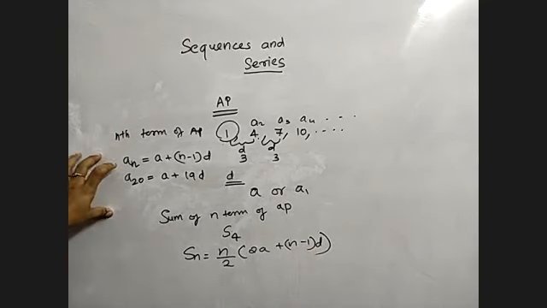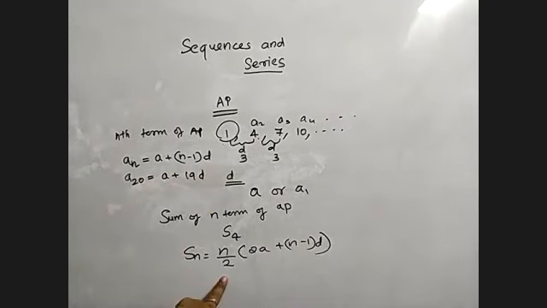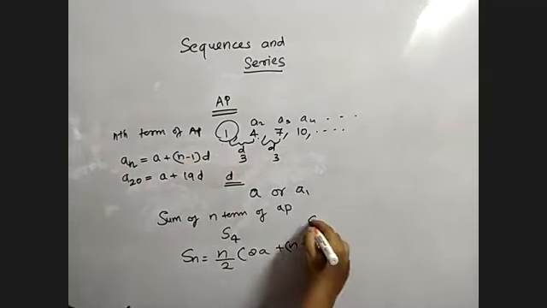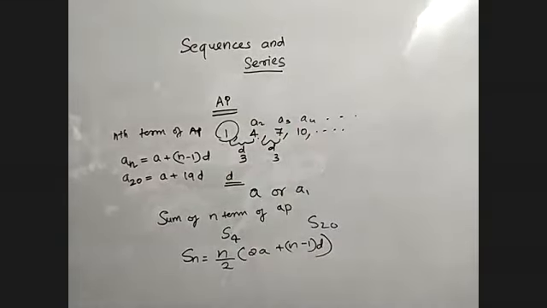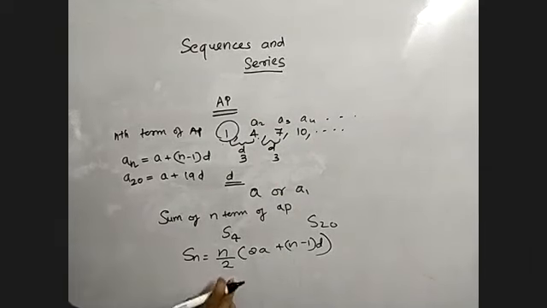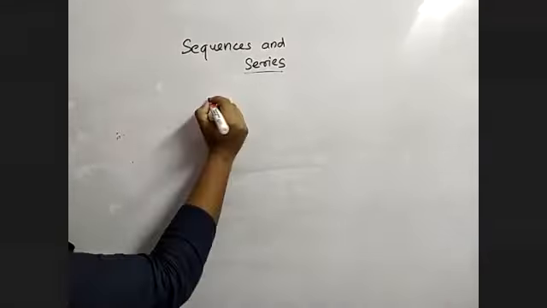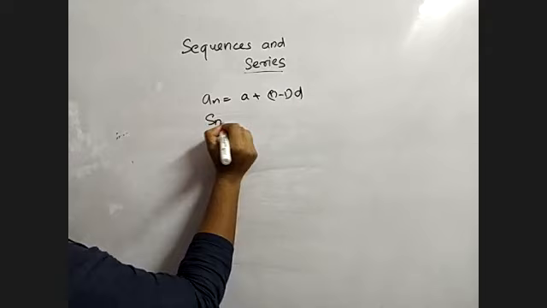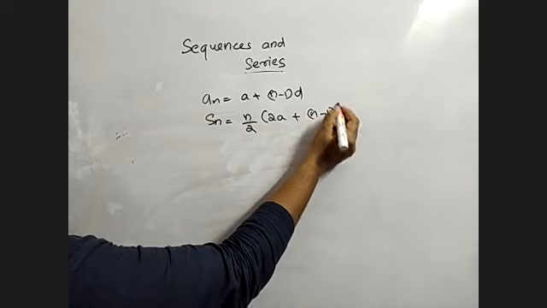So the nth term of an arithmetic sequence, an, is equal to a plus n minus 1 into d. Then Sn is the sum up to the nth term. If I'm writing S20, I'll get 1 plus 4 plus 7 plus 10 plus etc. up to 20 terms. So Sn is equal to n by 2 into 2a plus n minus 1 into d.